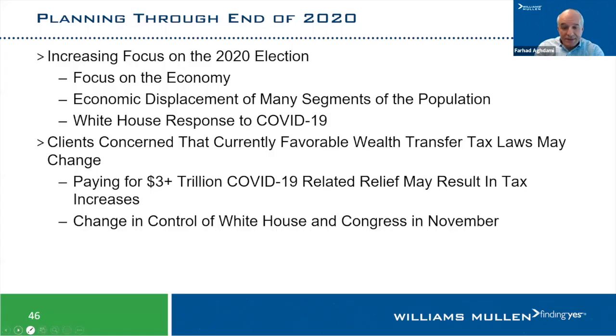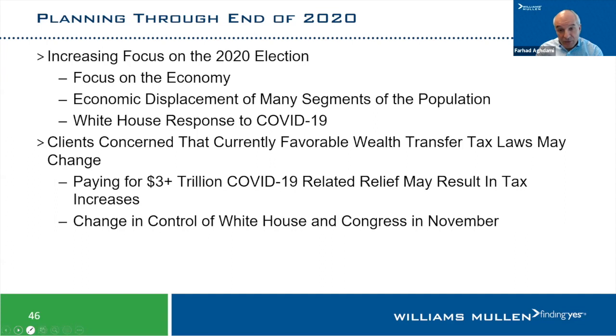So, to that point, as we are heading into November, all of our clients are very focused on what may happen in the election, both in the White House and particularly in the Senate. The world has changed a lot in the last 6 months. It's staggering if you stop and reflect on everything that has happened.